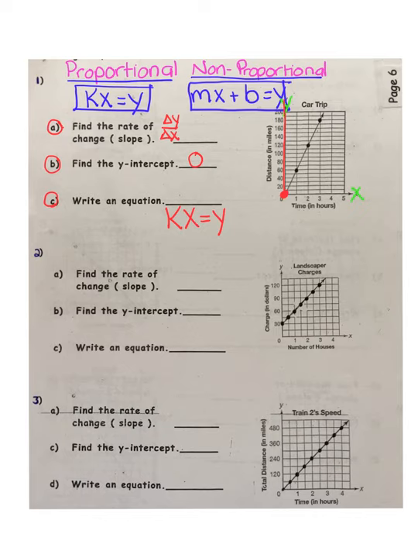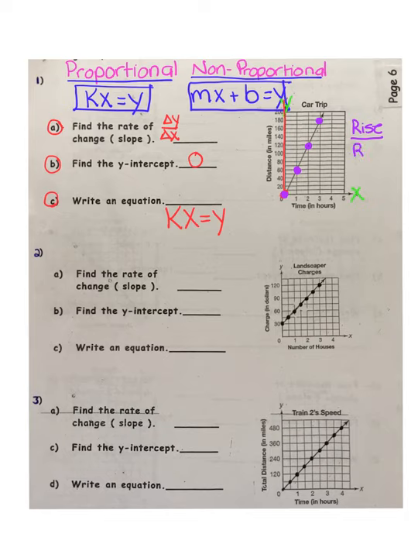Let's take a look. Place your pencil point at 0, 0. In order to calculate the rate of change or the slope, we need to examine the change that occurs between this point and the next readable point, and then continue on and examine the change that occurs as we connect those points.